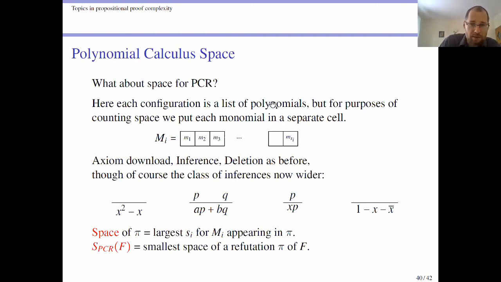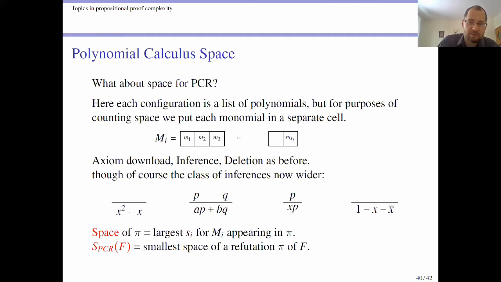So we can define space in PCR in more or less the same way as for resolution. We describe the refutation as a sequence of configurations. Each configuration comes from the previous one by either doing one inference and writing the conclusion on the board, or deleting something, or writing down a clause of F, or our axioms, our initial formulas.